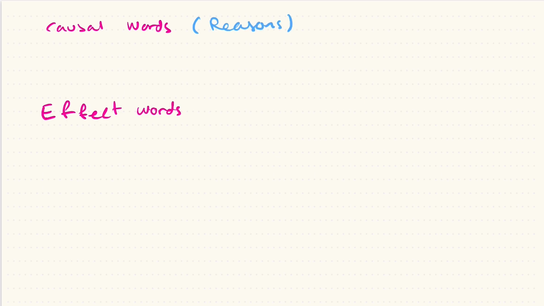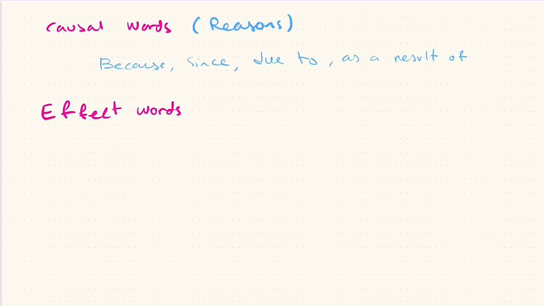When you're talking about the reasons, you typically want to use words such as because, since, due to, as a result of, and so on and so forth. And there are other forms as well.